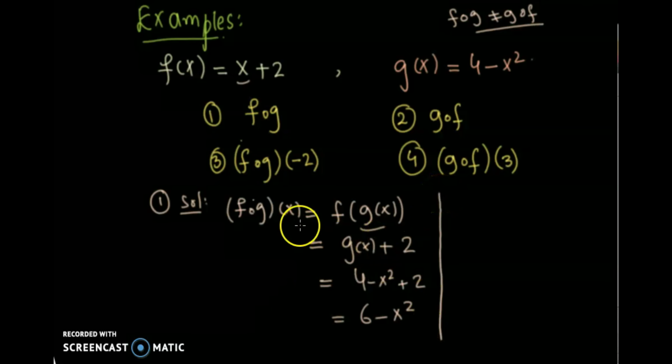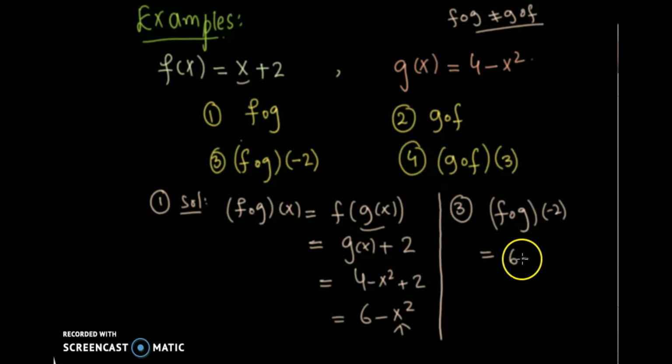Now we can answer the third one. So f of g at x equal to minus 2. You just need to put minus 2 wherever it is x. So 6 minus minus 2 squared, so 6 minus 4, which is 2. By the way, you can also do it in another way.